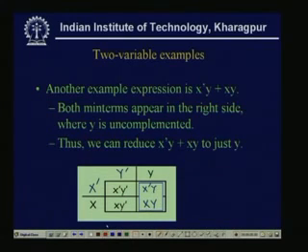So, if my function consists of these two terms x dash y and x y, that means f equals x dash y plus x y, then from the table, the two terms exist in the second column, where the literal is y.